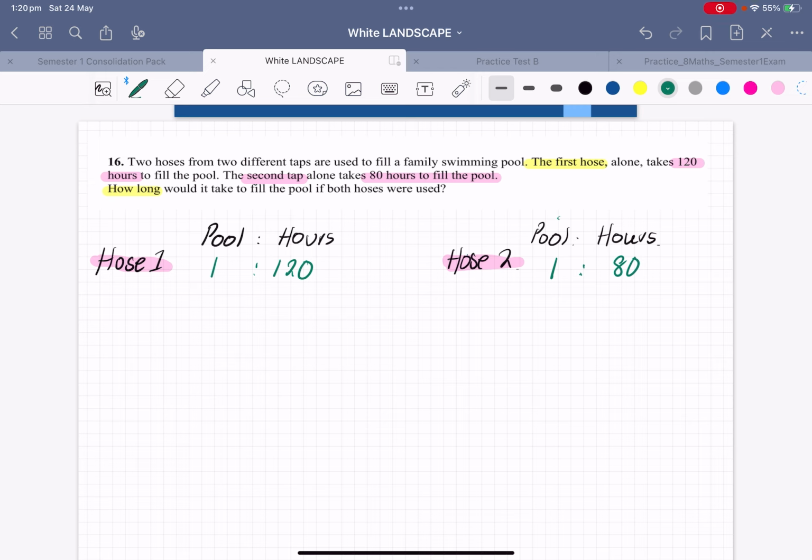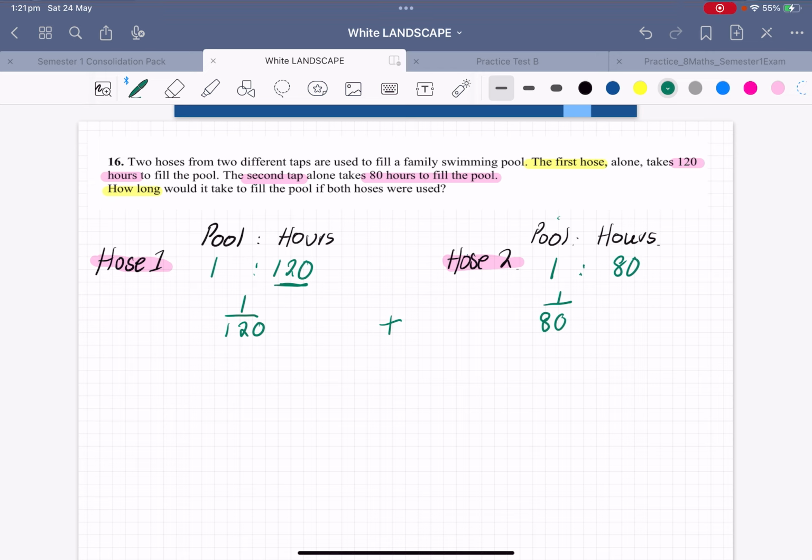Now that's what ratios are, they're fractions. So for hose 1, I have my hours as my denominator, so the 1 goes as your numerator and the 120 as my denominator. Hose 2, that fraction becomes 1 over 80. Now to combine them, we're going to add those fractions together.